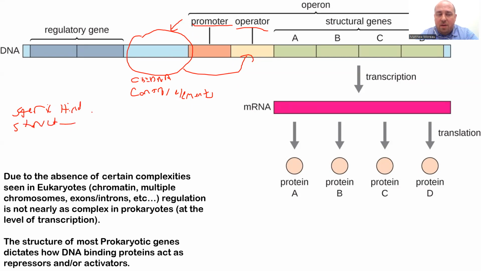And all of it, in some way, shape, or form, has to do with promoter availability, as well as the ability for RNA polymerase to bind, like the availability of the promoter, but also to read through.